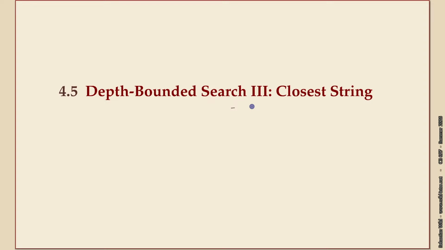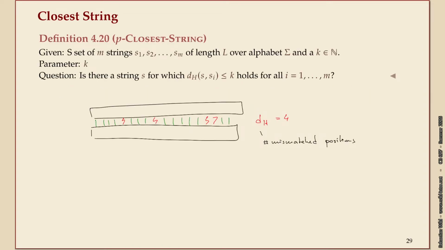We were in the middle of discussing the closest string problem. So just to remind you about the notation, we're given a set of m strings of length capital L, over some alphabet, say of constant size. And we're also given a threshold k, which in this parameterized version of the problem also is the parameter.